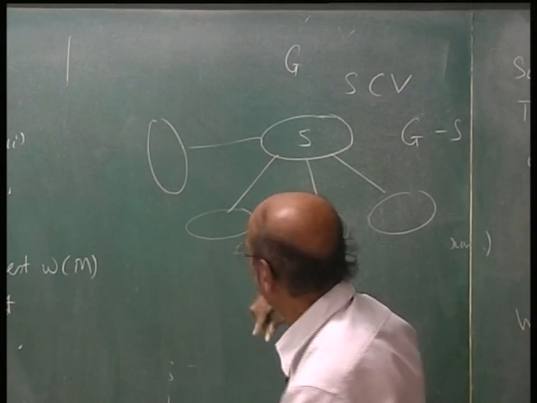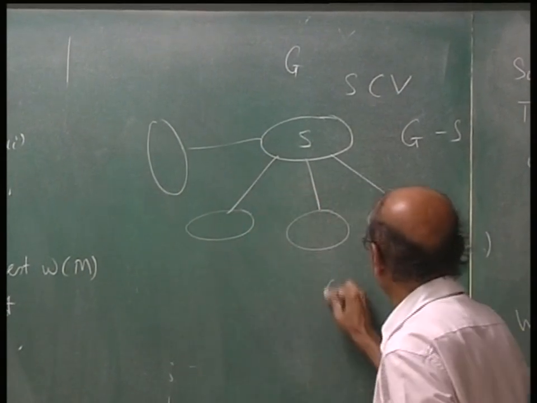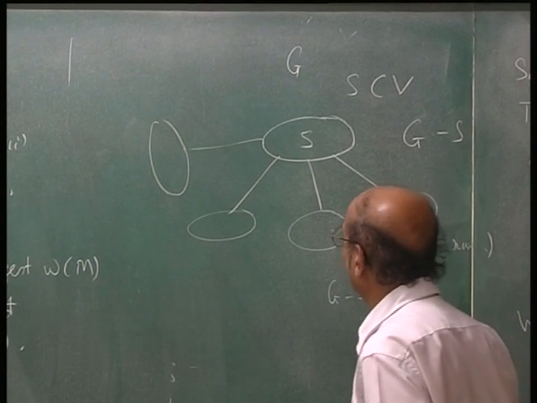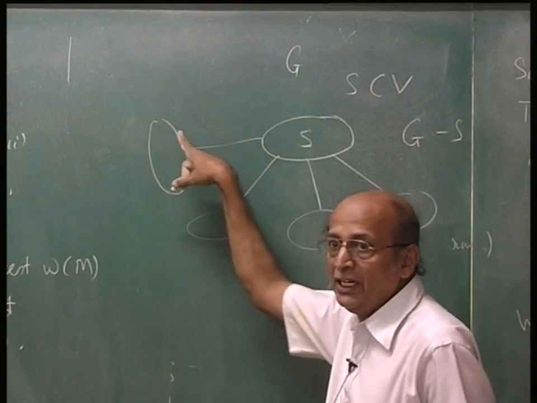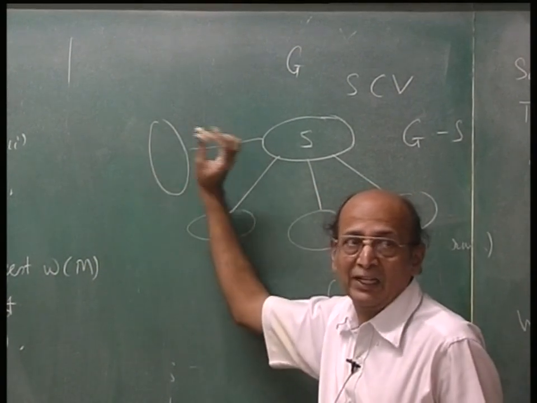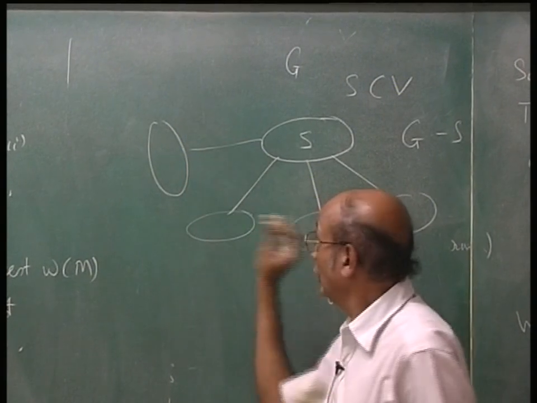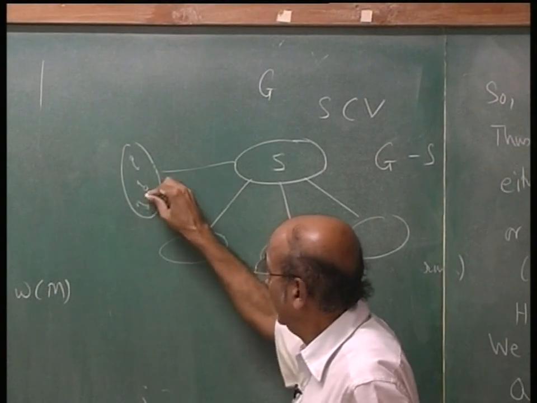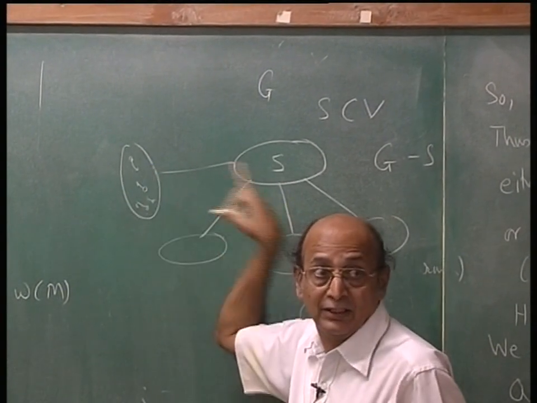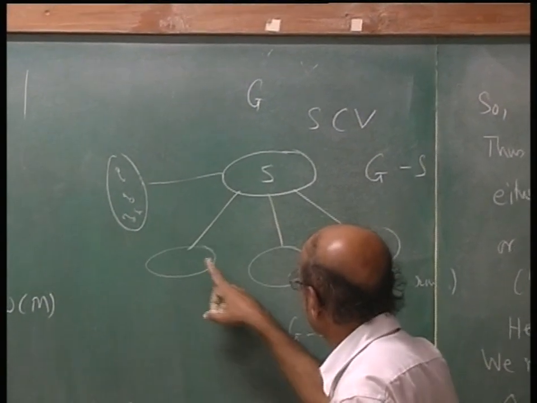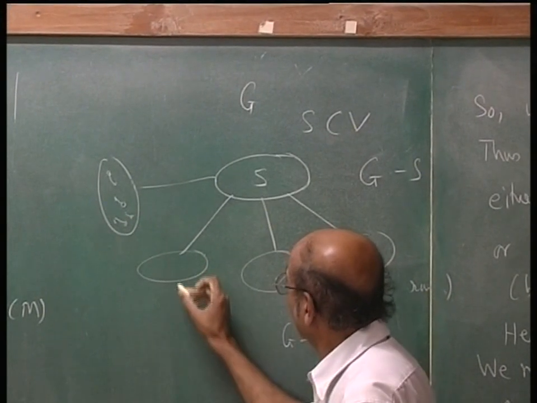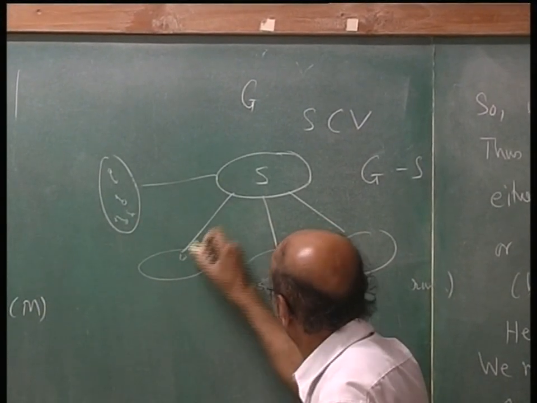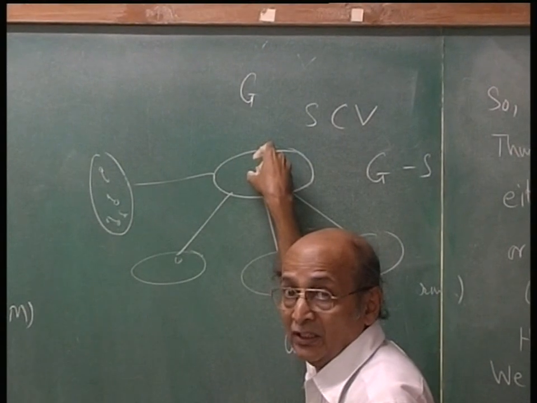Okay? G minus S will have some components. Some of those will be even components, with an even number of vertices. Those that have an even number of vertices can possibly be paired among each other. Those that have an odd number of vertices must use, suppose the number is 9 here, they would have to use at least one vertex from S.